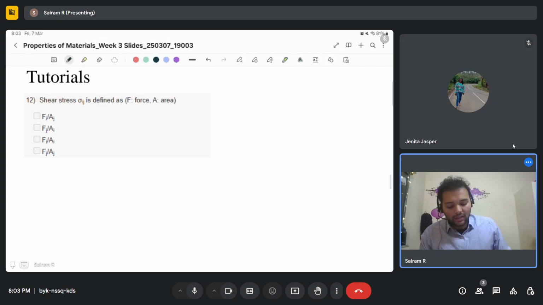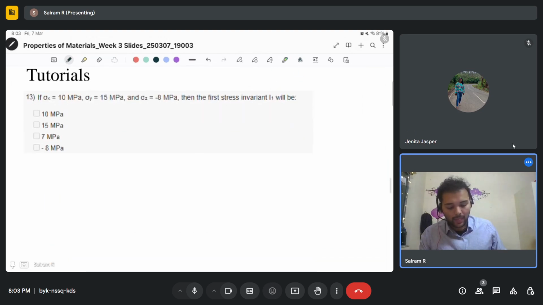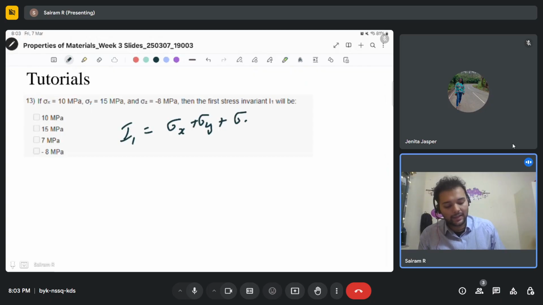Shear stress sigma ij is defined as sigma ij equals Fi by Aj. Last option. If sigma x equals 10 MPa, sigma y is 15 MPa, and sigma z is minus 8 MPa, then the first stress invariant I1 is given as sigma x plus sigma y plus sigma z.